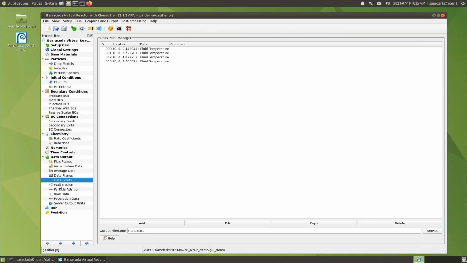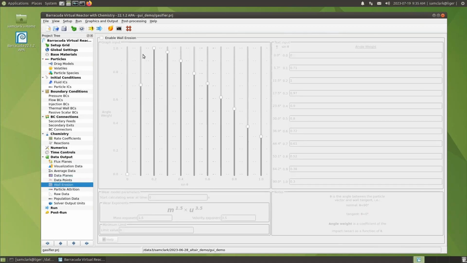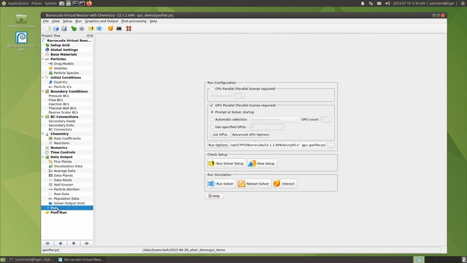Another model not being used in this example, but a lot of our users have used, is a wall erosion model to analyze different configurations and try to figure out what would reduce erosion on mechanical components or on the walls of systems. So that's a pretty common thing that some people have used.